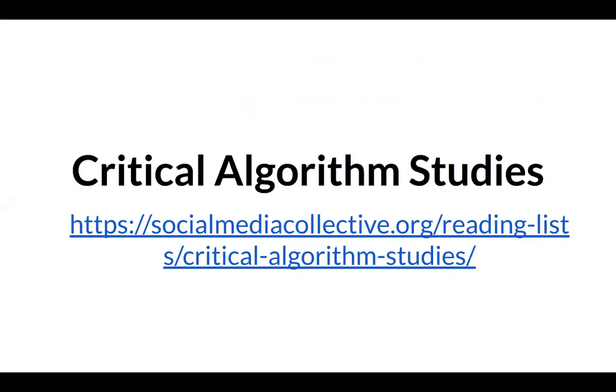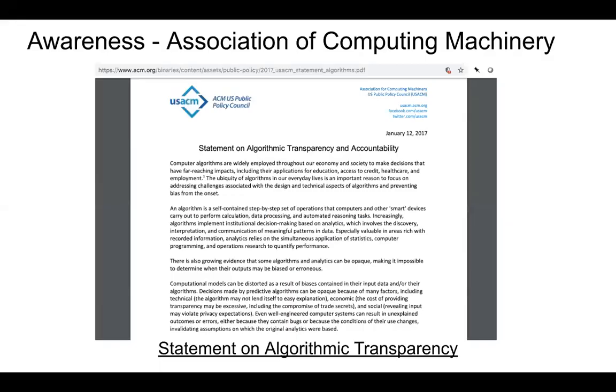There are more and more academics thinking through these questions, whether it's the black box of machine learning or the way that algorithms are becoming more and more predominant. You saw that when we were starting to frame Facebook's influence. But there is hope, and I want to connect that inspiration to a sense of ethics. There are various organizations that are starting to draft accountability statements or even transparency statements.